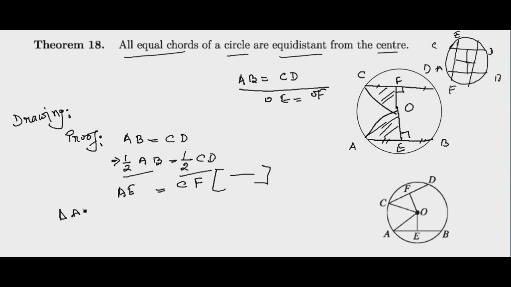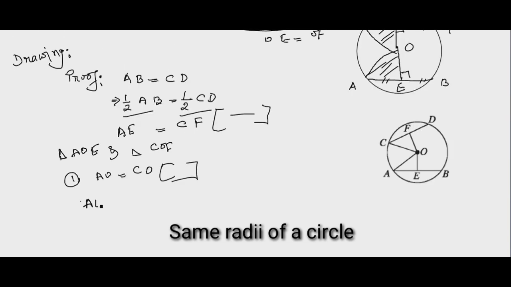So from triangle AOE and triangle COF, we have AO is equal to CO. This is because they are the same radii of the circle.